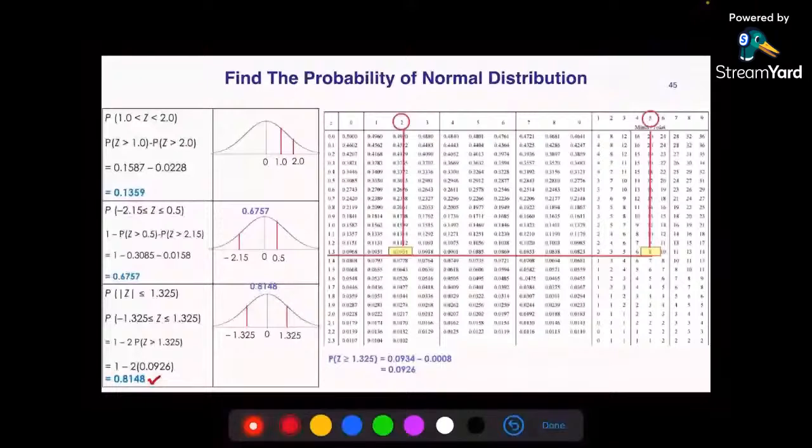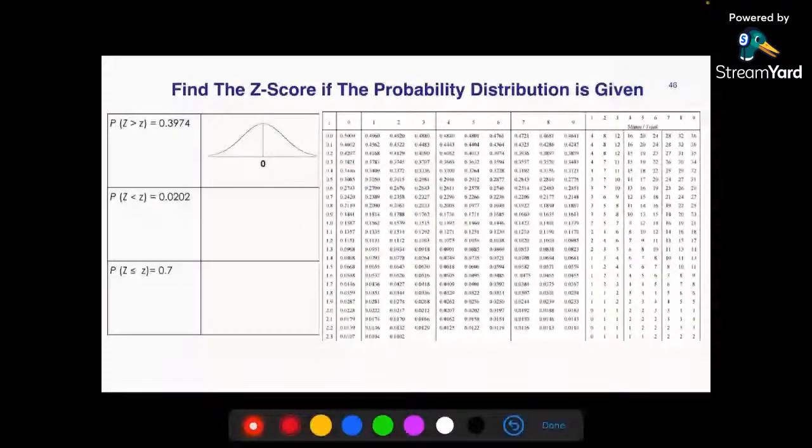So Z is greater than 0.3974. Remember, this is nilai untuk probability. So nilai untuk probability itu maksudnya kita kena tengok, remember kat dalam ni. Dalam here, dekat sini. Dalam ni. Ini nilai probability. Yang atas ni dekat sempadan ni semuanya adalah Z score.